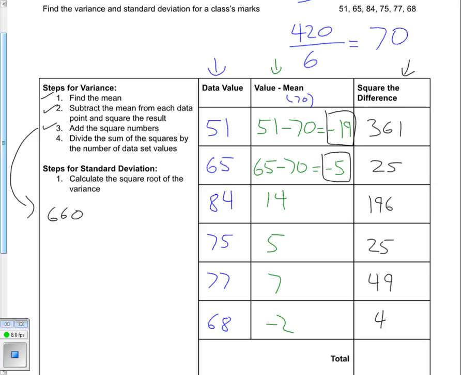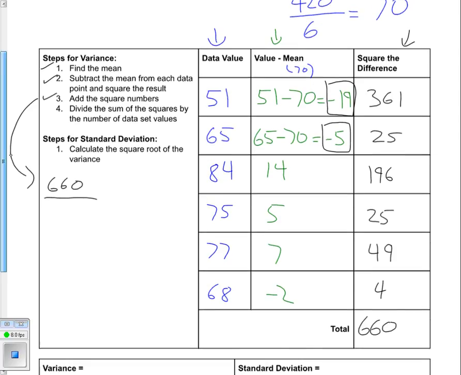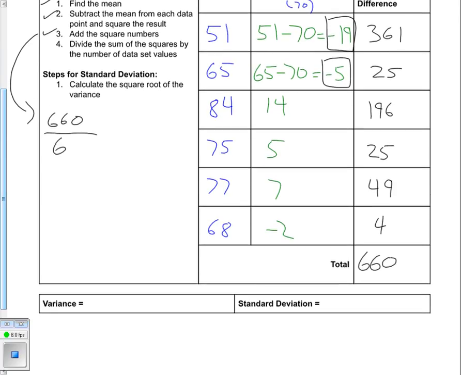Those are the numbers in the original data set, and there are 6 of them. So I'm going to divide 660 by 6, and that gives me 110.